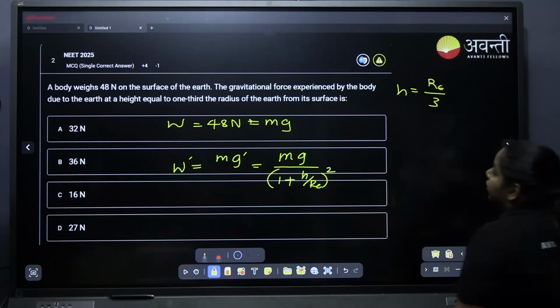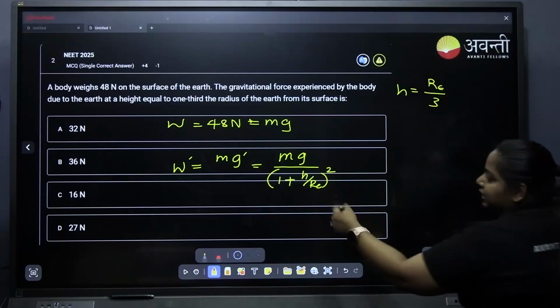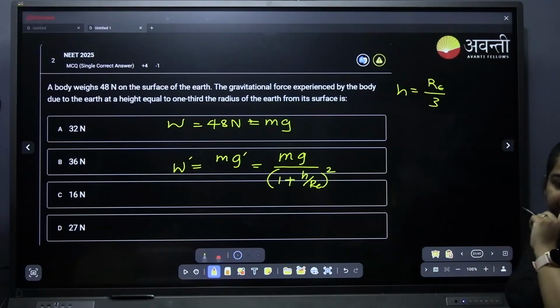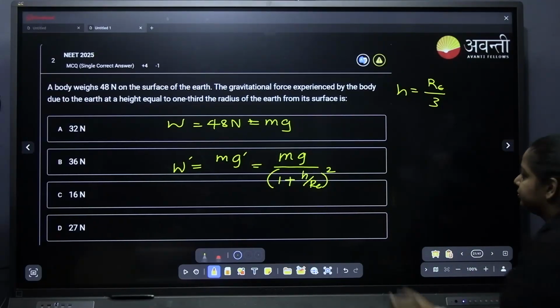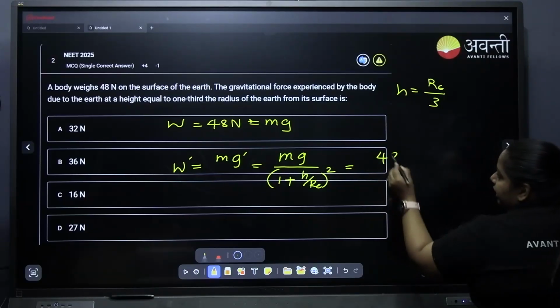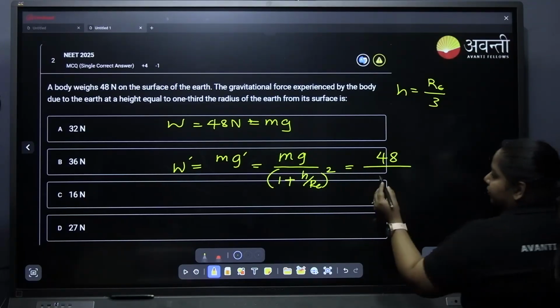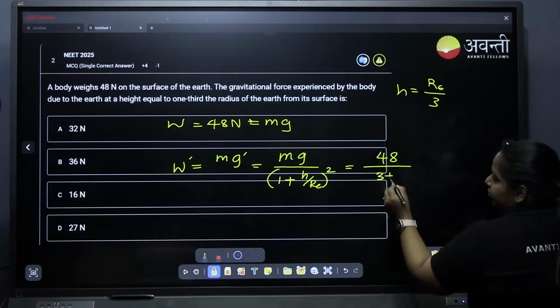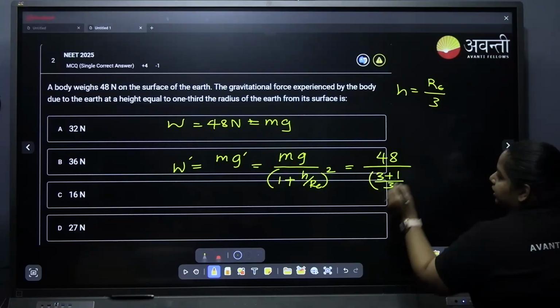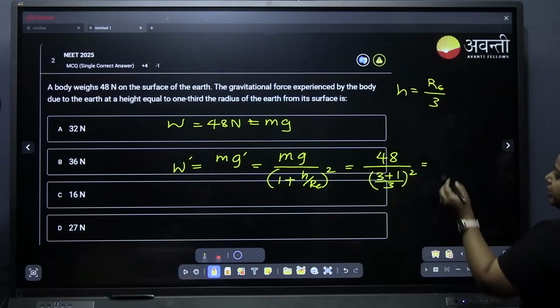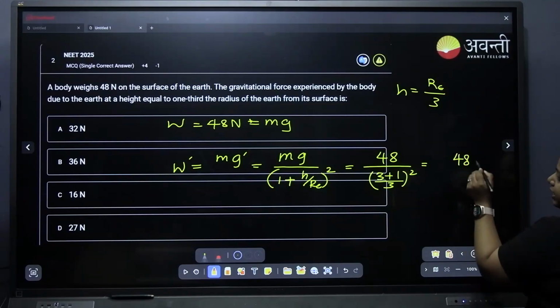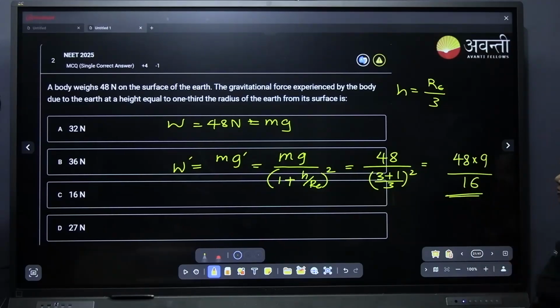Substituting here, you will get 48 divided by 1 plus 1 by 3, the whole square, that is 48 divided by 3 plus 1 by 3 the whole square. You will get 48 into 9 divided by 16. Okay. So what will be the answer?